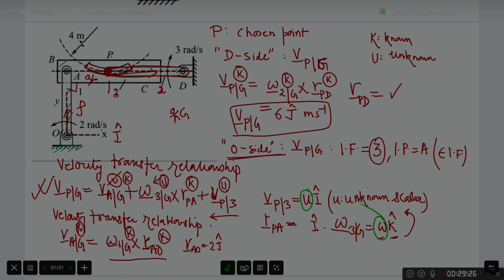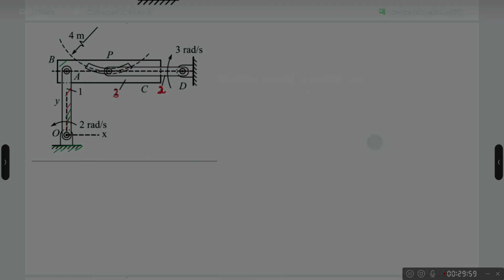Can I generate those two scalar equations now? Yes, the answer is yes. We go back to this expression of VPG. From D side, we actually know the exact value, and then we have gotten another expression of VPG going from O side. We are now in a position to match the two velocities. That's what I'll do here.